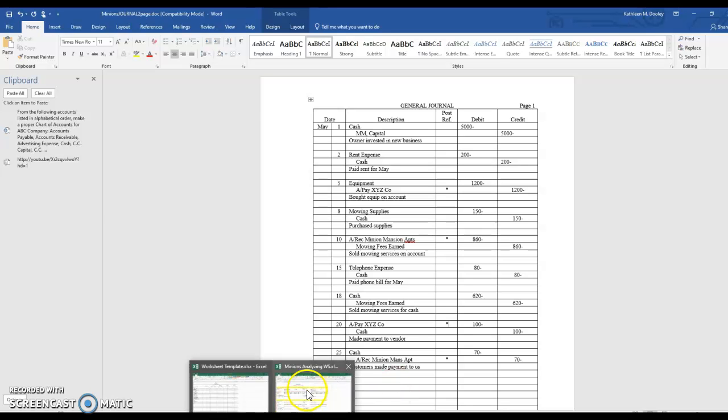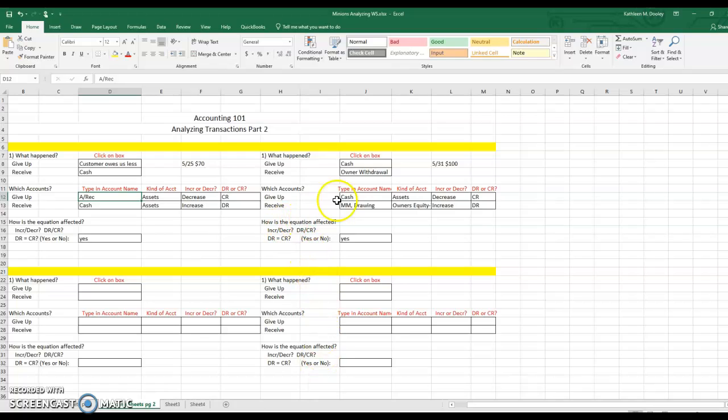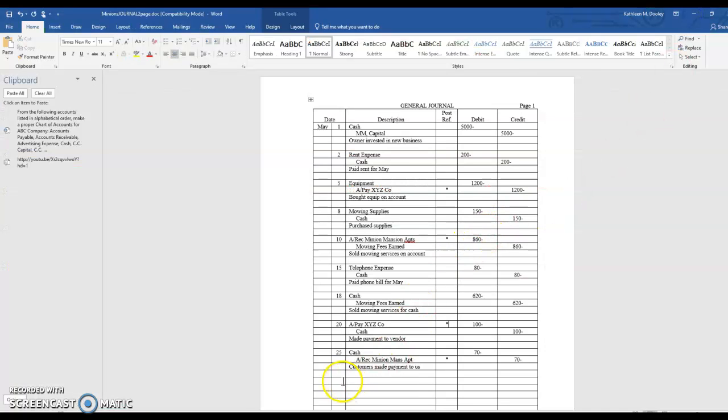Okay, so let's go back to our analyzing and our last transaction. The owner took a withdrawal, and we said we're going to debit drawing and credit cash on May 31st for $100. So debiting drawing for 100 and crediting cash for 100.